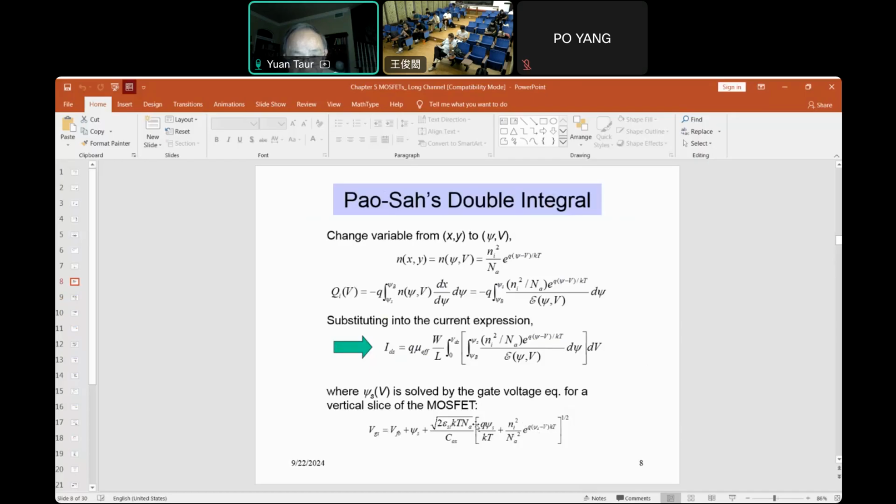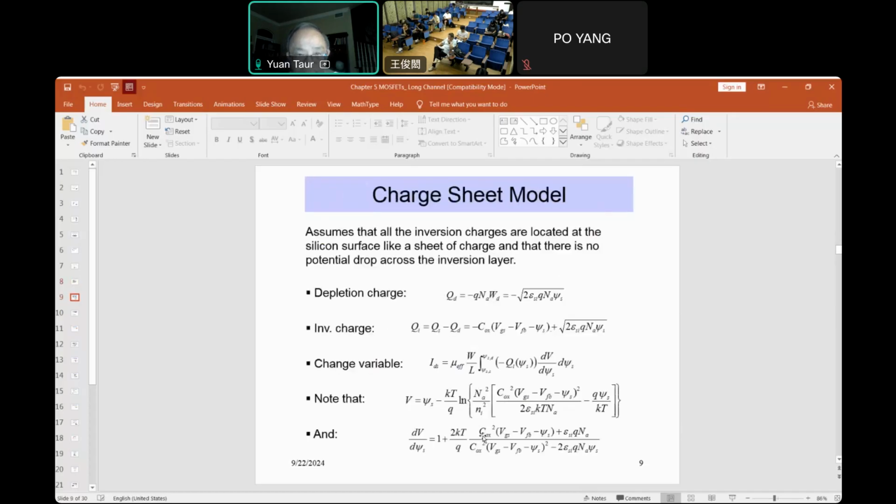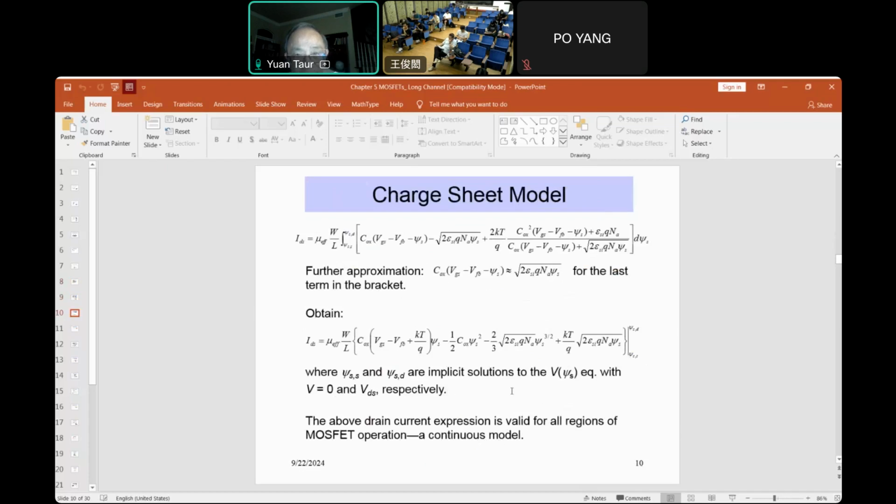Because this equation for a given gate voltage is an implicit equation for psi s. So this still involves the implicit solution to this equation with V equal to 0 and V equal to VDS. And now we solve psi ss and psi sd. And then everything is analytical.